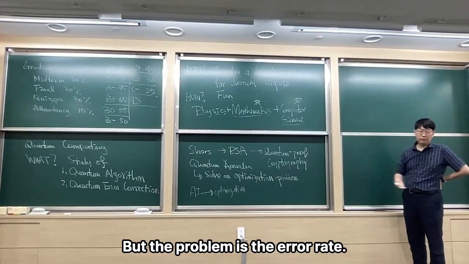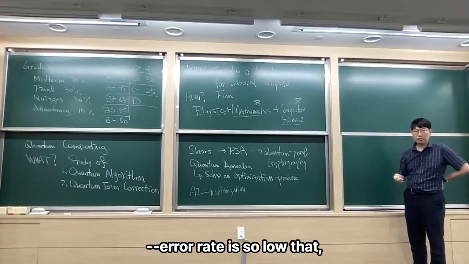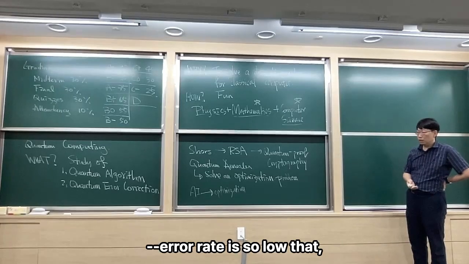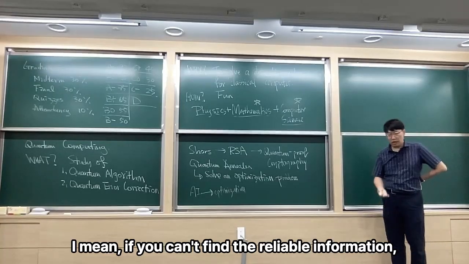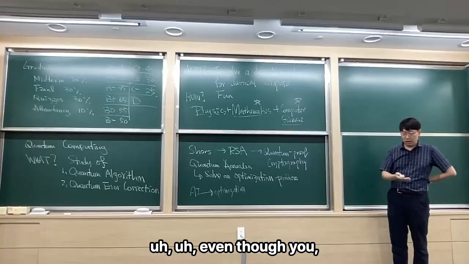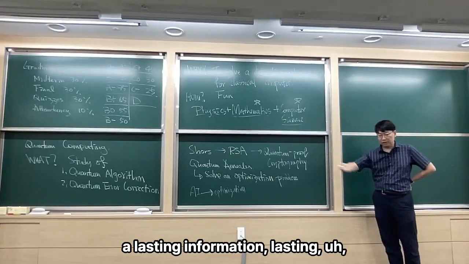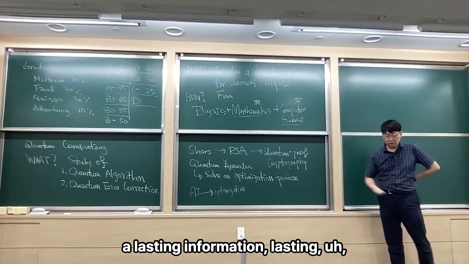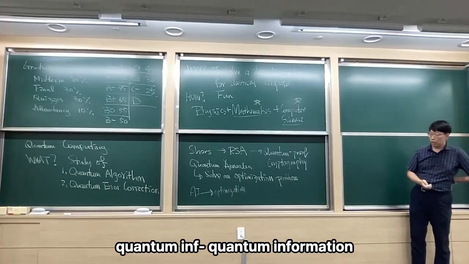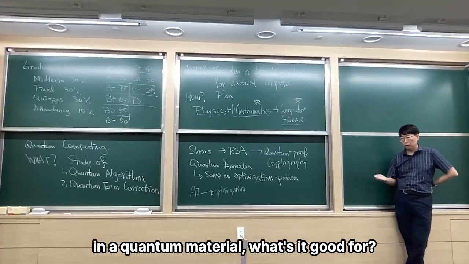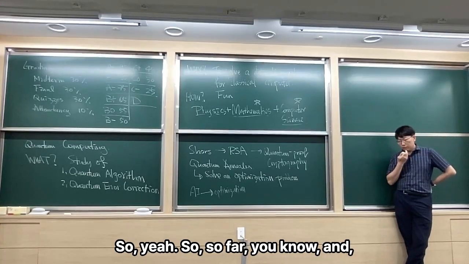But the problem is the error rate. The error rate is so high that, even though you have lasting quantum information in a quantum material, what's it good for if you can't find reliable information?